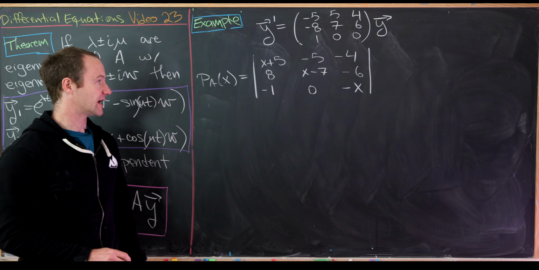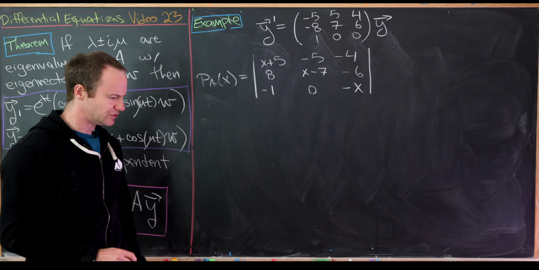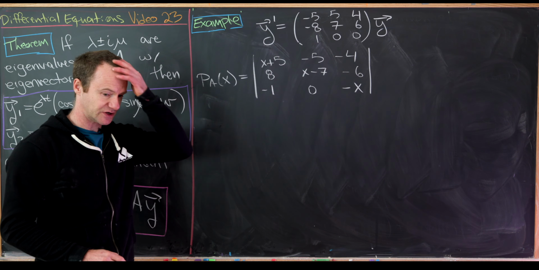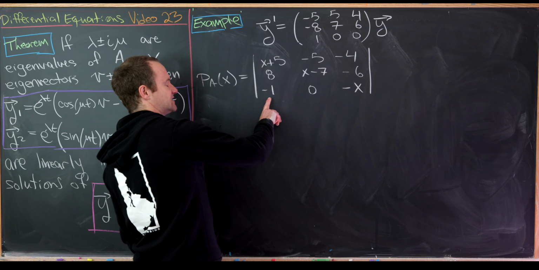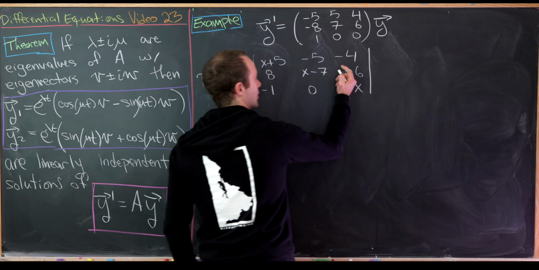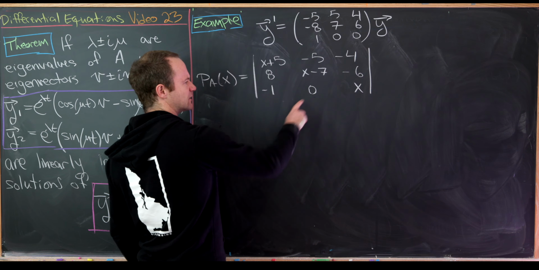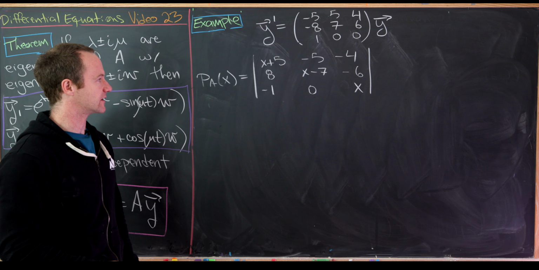So something like that. And now let's do cofactor expansion, but we can take advantage of the fact that this third row has a 0 in it, so that'll simplify everything.